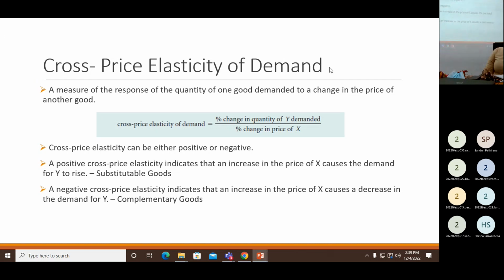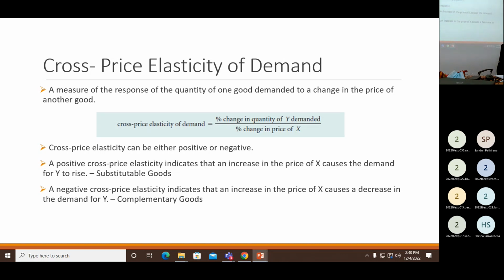Okay, so cross price elasticity of demand is a measure of the response of the quantity of one good demanded to a change in the price of another good, right? Now the thing is, sometimes there are relationships between two goods. When one product's price changes, some other product's quantity demanded responds to that. That is what you mean by cross price elasticity of demand.